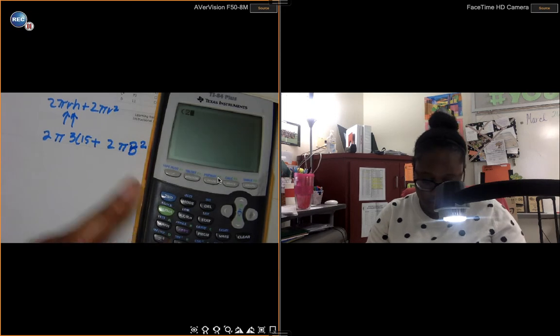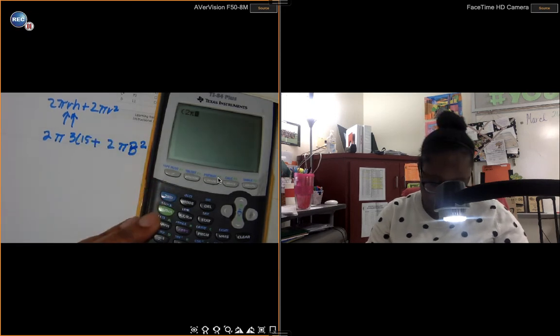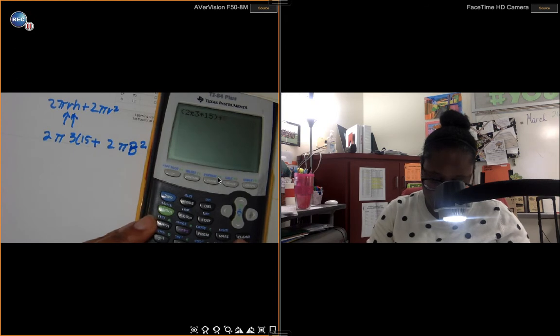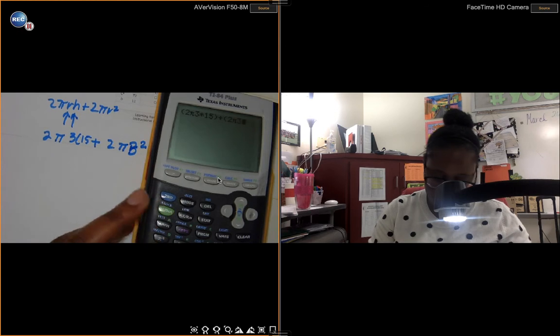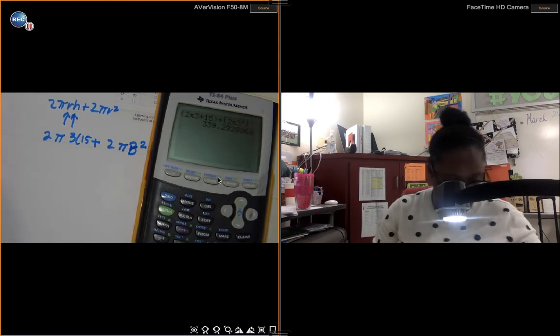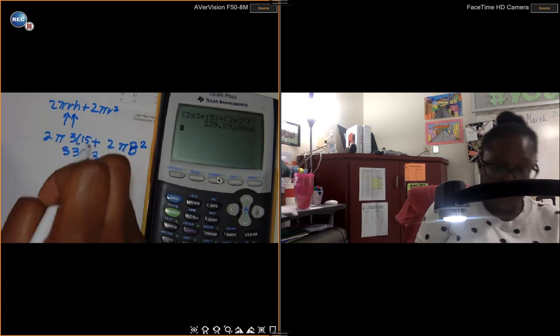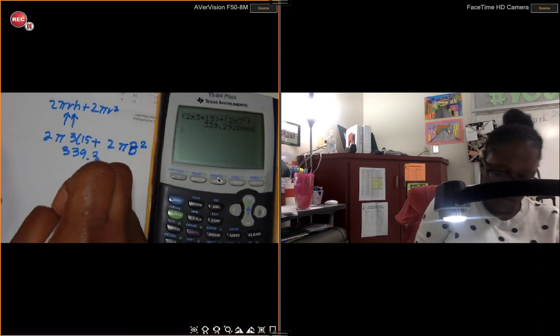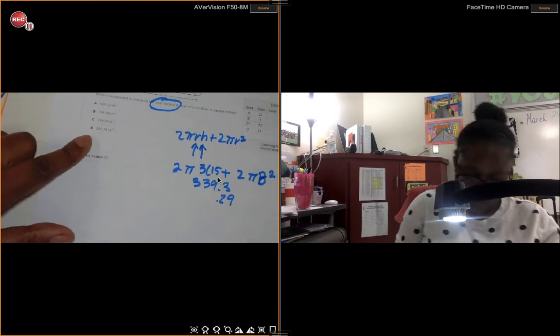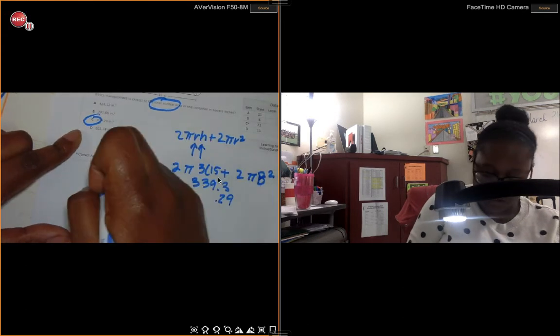So it's going to be 2 pi 3 times 15, close it, plus parentheses 2 pi 3 squared, close. And we get 339.29. And that's going to be C. And I know that's the correct answer because it tells me right there.